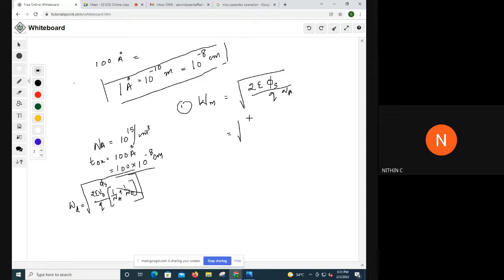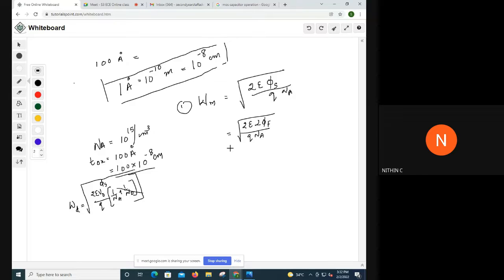Again, it is mentioned that it is at the onset of strong inversion, so you can write 2 epsilon phi s. What is the value of phi s at strong inversion? Phi s will be equal to 2 phi f, so 2 phi f divided by QNa.